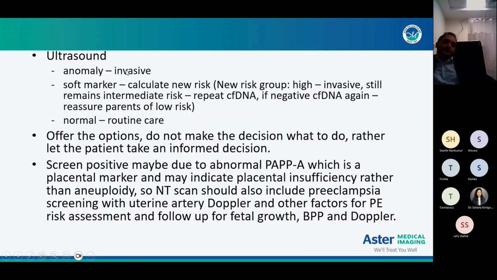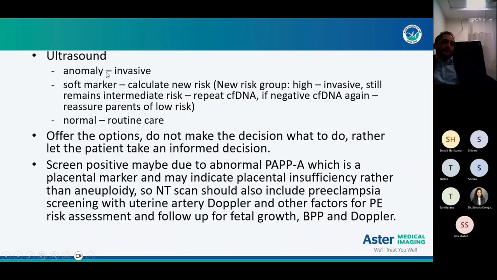When there is an anomaly, it means that the baby is abnormal. So there is no question of doing NIPT or any other screening test just to find out whether the baby is at risk of being abnormal. When an anomaly is there, you're sure the baby is abnormal. So directly go for invasive testing, that is, at the anomaly scan if you're seeing the abnormality.